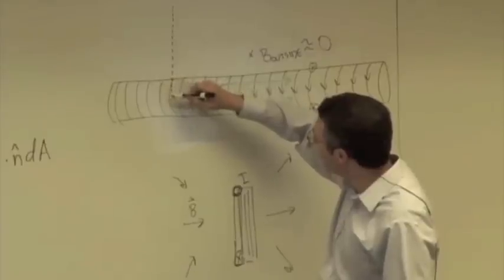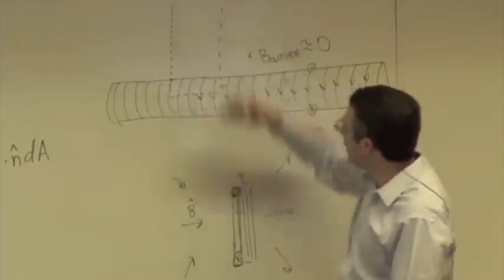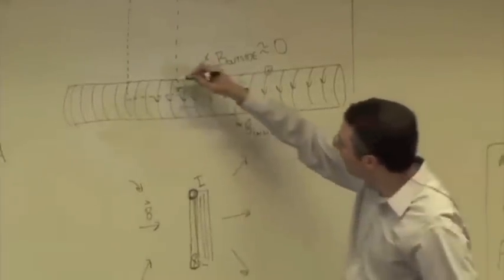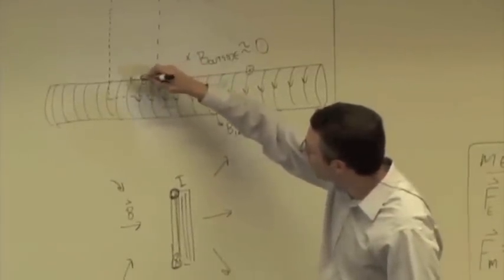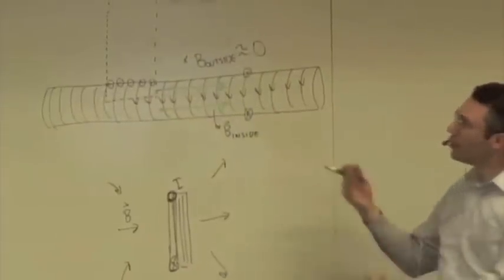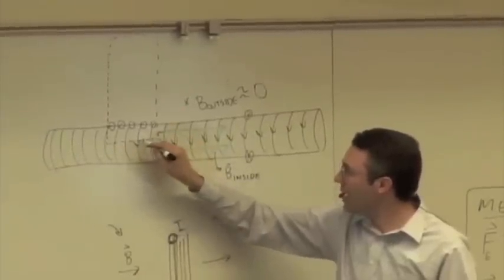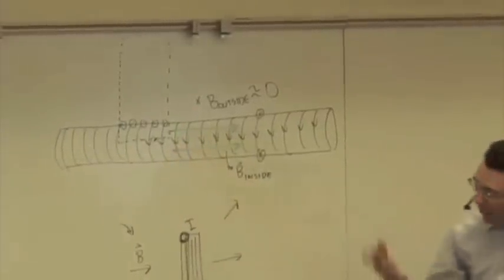If you imagine a loop that goes down into the solenoid, you then have current piercing through this imaginary loop. You could relate the current enclosed by that loop to the magnetic field inside and actually calculate it. If you want details, it's in the book.